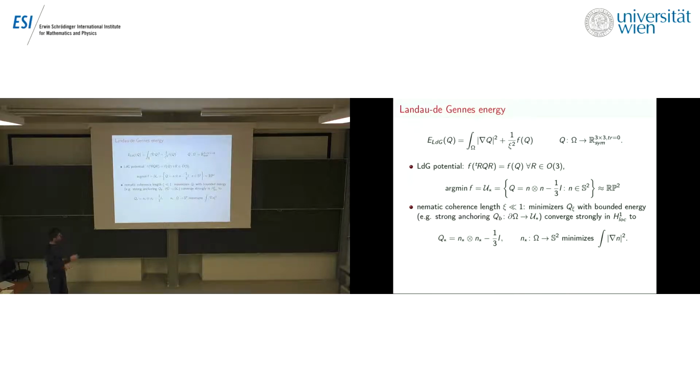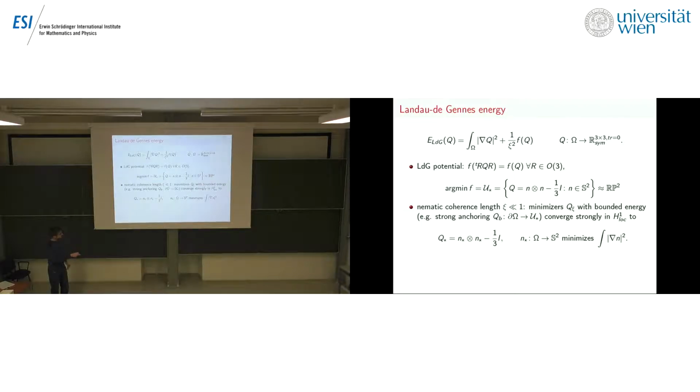And bounded energy happens, for instance, if you fix a strong anchoring condition that does not depend on Xi. And it converges strongly to something that obviously has to take values in this set, right? Because now you are enforcing an infinite strength here. So in the limit, what you see is really just a vector field n star. And still, you don't forget that you were minimizing this energy.